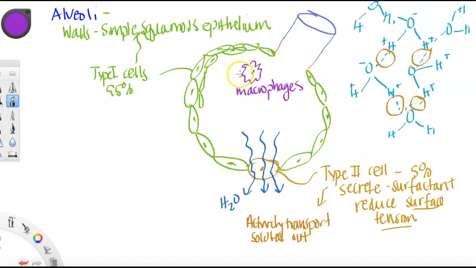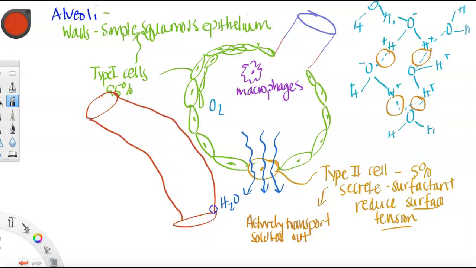So what happens here? All right, well, of course, gas exchange. So we have oxygen, and remember, we have a bunch of capillaries that just surround these alveoli, the pulmonary capillaries.